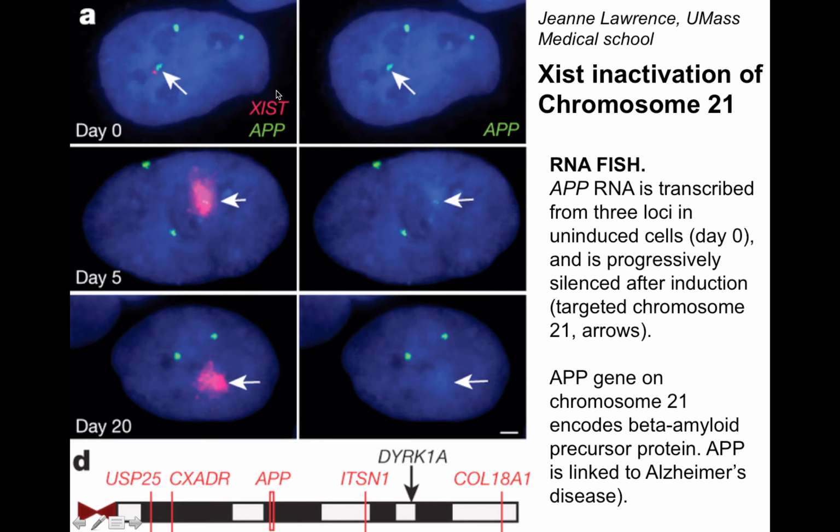What you can also see is that there's some Xist RNA associated with one of the chromosomes, and that is because the research team inserted the Xist gene onto one of the three copies of the chromosome by another mechanism that I'm not going to talk about. So one of these three chromosomes also has the Xist RNA. Okay, at the very early stages of this experiment, when the Xist RNA is first just being produced, all three of these chromosomes are expressing APP.